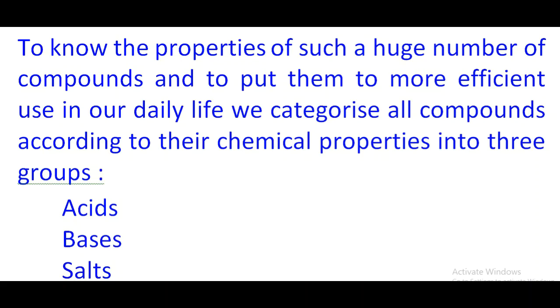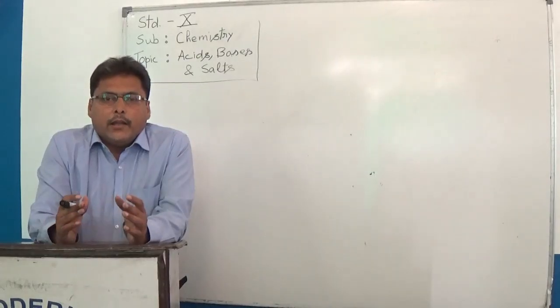And that is in three groups: acids, bases, and salts. All the compounds of this world, according to their chemical properties, are grouped as acids, bases, and salts.